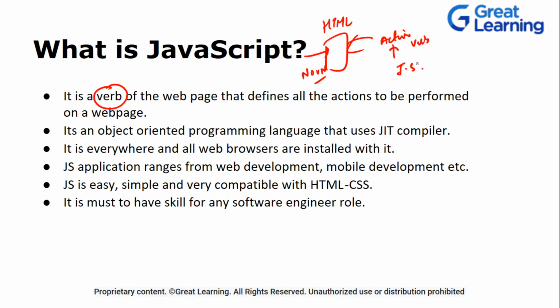And CSS obviously is for styling your page. So for any action that you perform, for example, when you click on this, what should happen? When you click on that, what should happen? All these actions that are there on your web page are your JavaScript. It is an object-oriented programming language which uses a just-in-time compiler. What is this JIT?